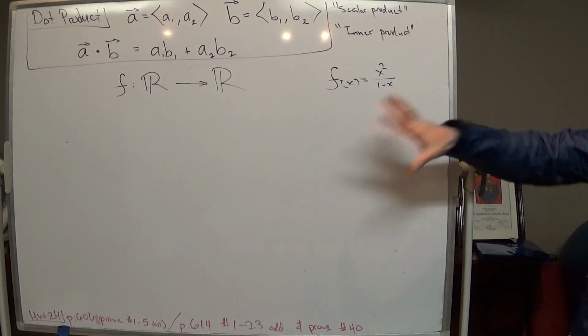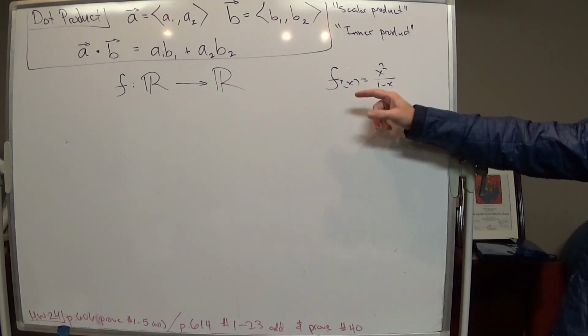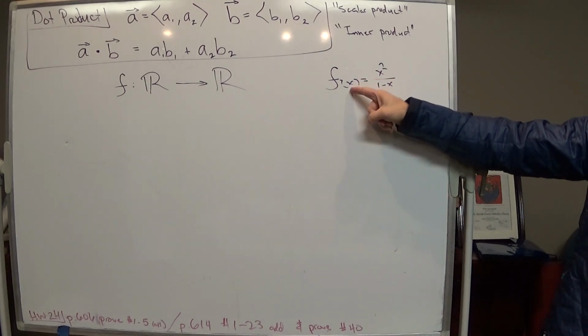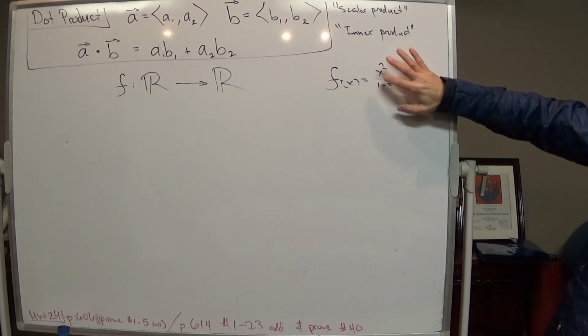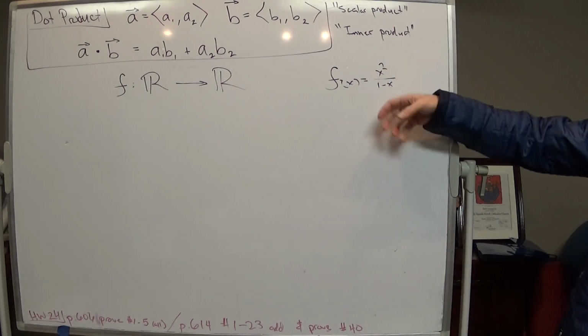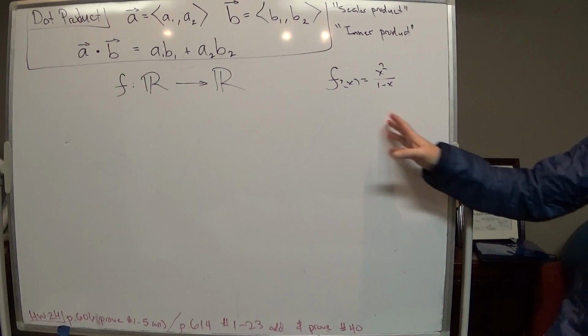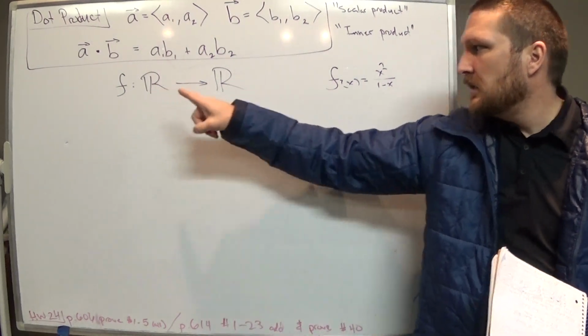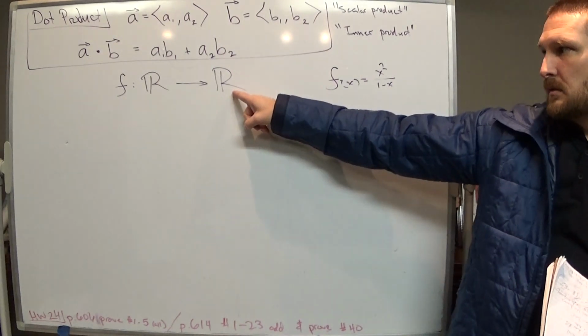I would say this is a map. What are the inputs? In our case, we could say they're real numbers. And if you plug a real number in and do something to it, that output is going to give you a real number. So this is just a way of saying what the domain is and what the range is.